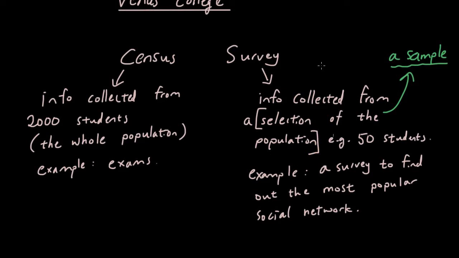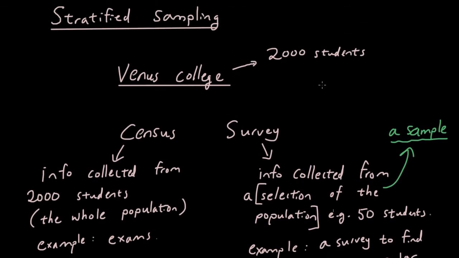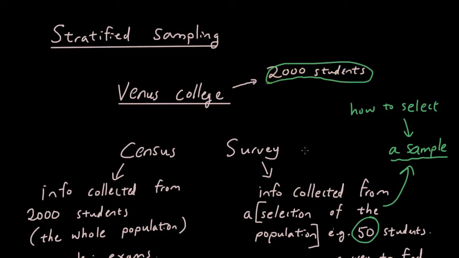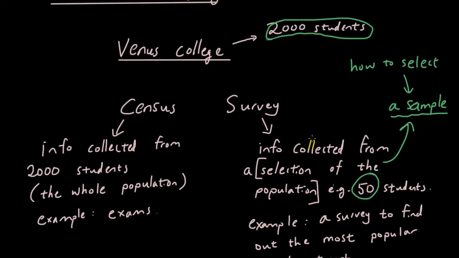In this video we're going to talk about how to select the 50 students from the 2,000 students, so that the information you collect can best represent the opinion of the whole population, because you're only getting information from 50 students.